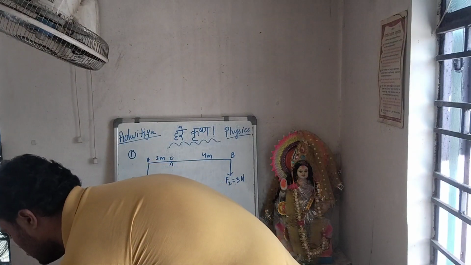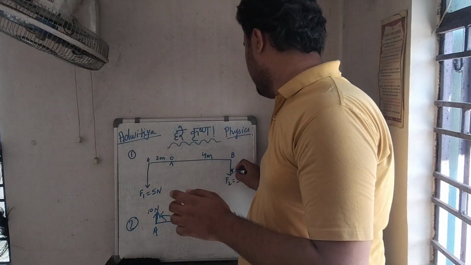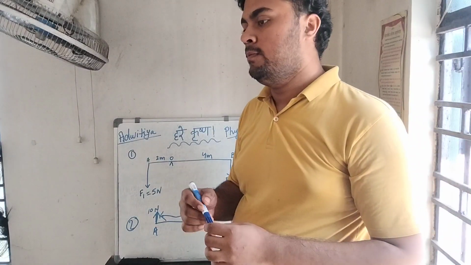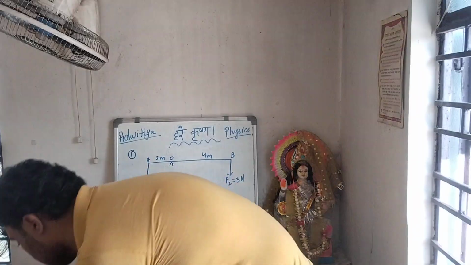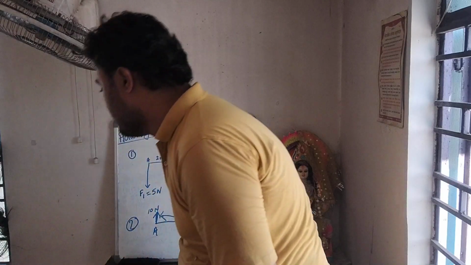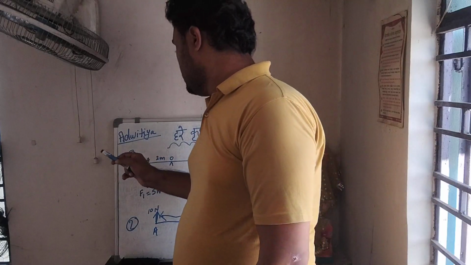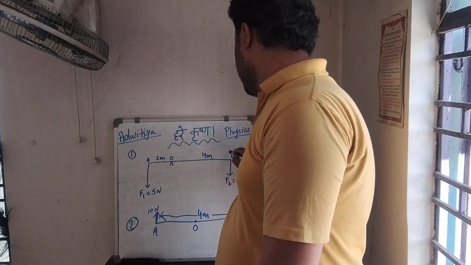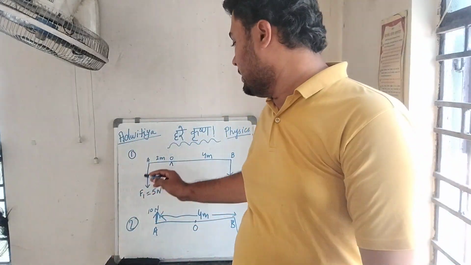Now there can be some confusion in determining the anti-clockwise and clockwise moment of force. Okay, opposite is true. Sorry, the F1 force is anti-clockwise and F2 force is clockwise. Okay, F2 force is clockwise and F1 is anti-clockwise.